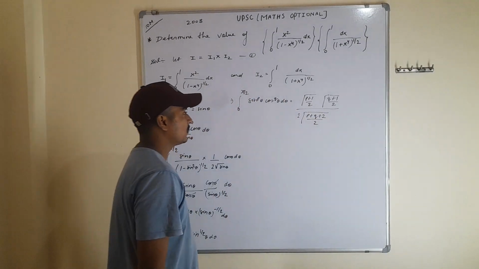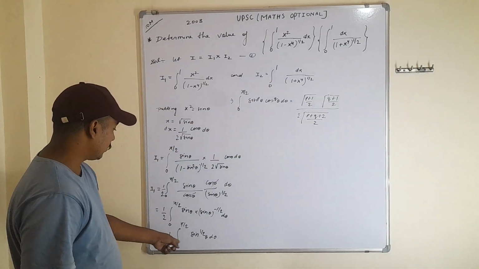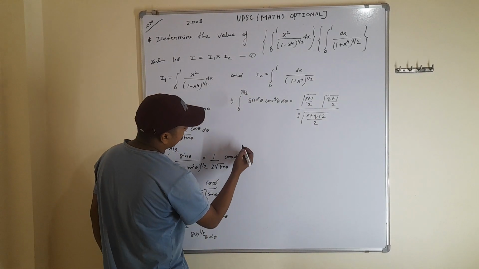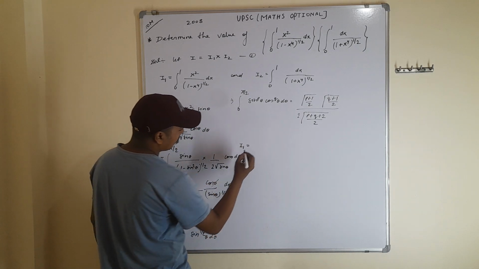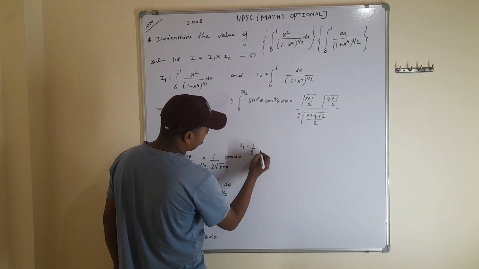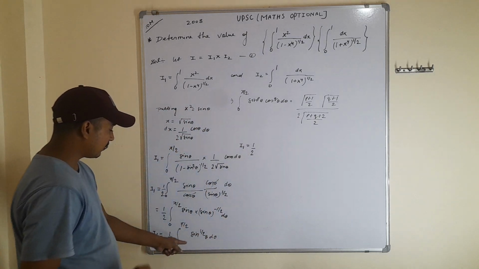Using this formula, we have to find the value. I1 is equal to 1 by 2, which is already present, and using the formula.